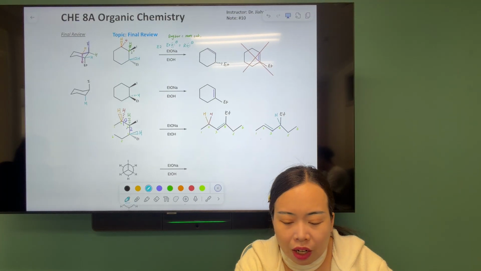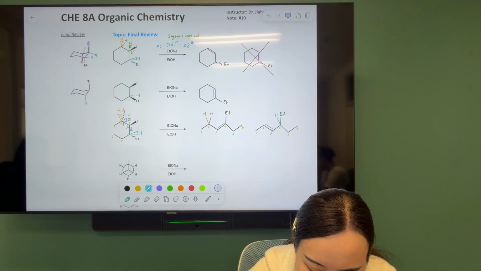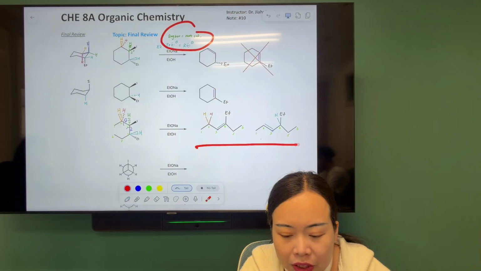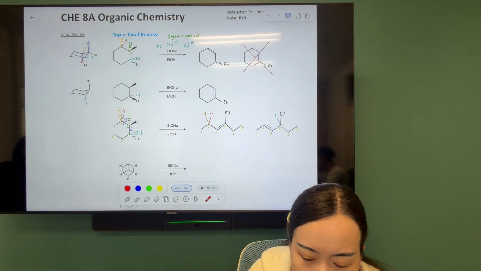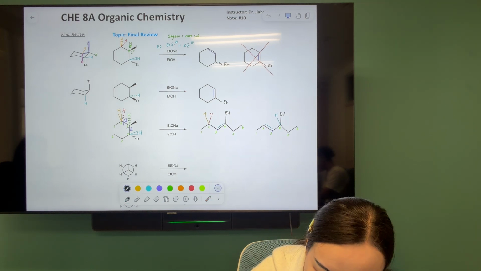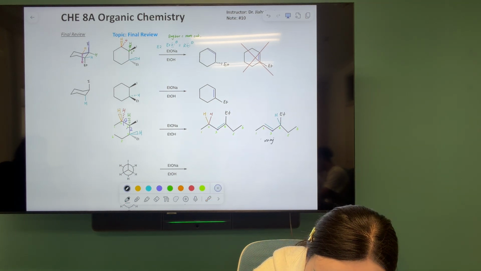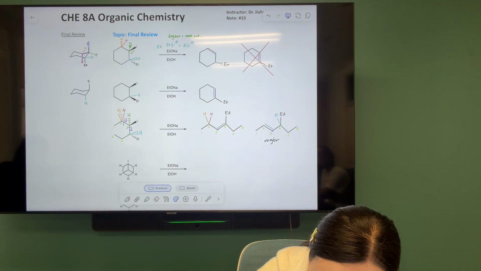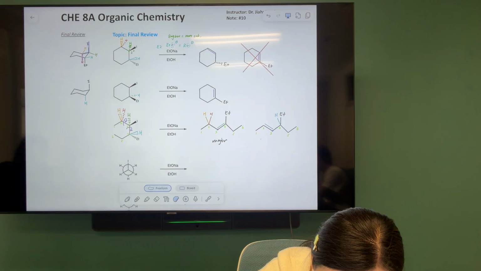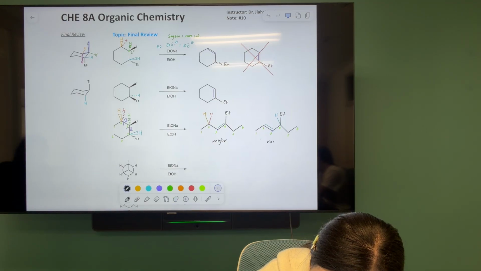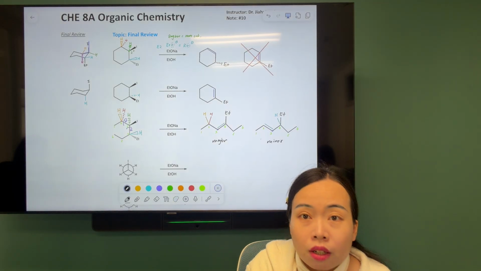Whoever asked, we didn't do the Zaitsev, it's based on we have anti-parallel. Now, the one with more substituted is going to be the major. The one with less substituted, the other way. This is going to be the major, and this is going to be the minor. Make sense?